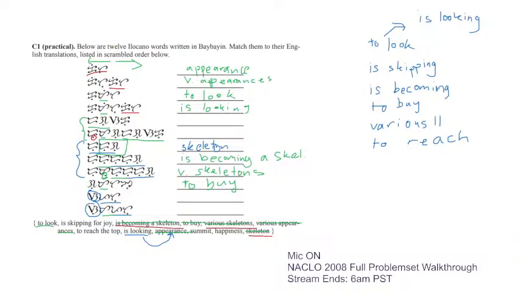I think I crossed out to look. I just accidentally underlined it here. Let's cross out is looking. So now we have summit and to reach the top, happiness and is skipping for joy, which is exactly 2 groups of 2. So we have to figure out which one is joyful and which one is the summit.